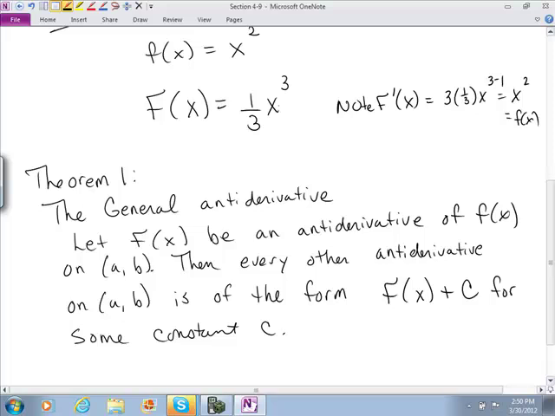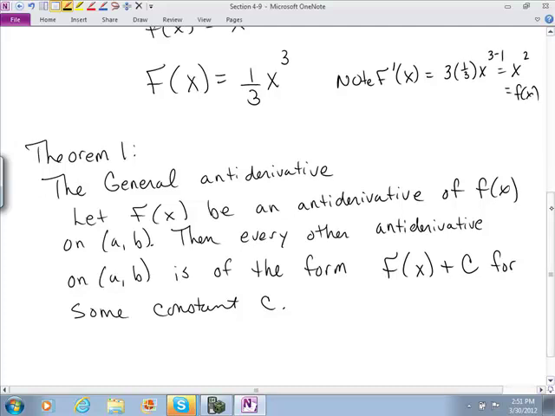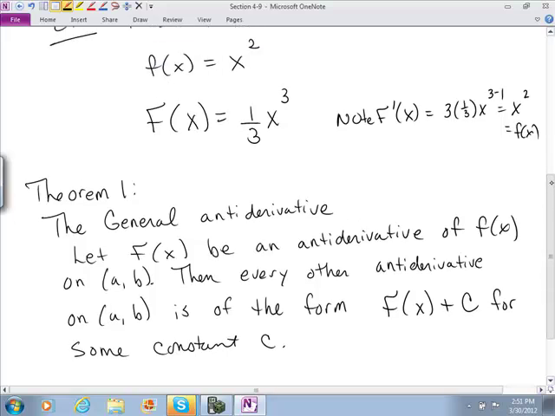But the thing is that you could add a number to this, like if you added a constant, like 1/3 x cubed plus 5, the derivative of that would also be x squared, because whenever you add any number to this function, it is still going to have a derivative of 0. So what you really have is a family of functions at different places along the y-axis but with the same shape, and they all have as their derivative the function f of x that you're given.